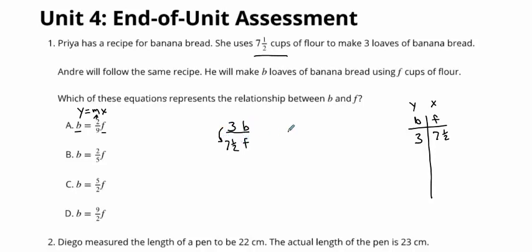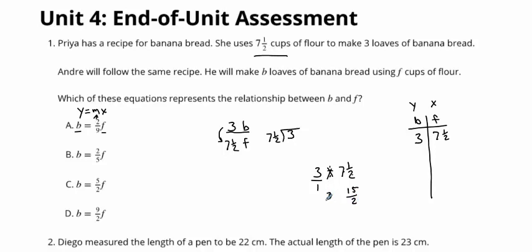So we want to know 3 divided by 7.5. We could do that on a calculator, or we can do it by hand. I'm just going to do it by hand, so I'm going to go 3 over 1 times, I'm going to change this to an improper fraction. 7 times 2 plus 1 is 15.